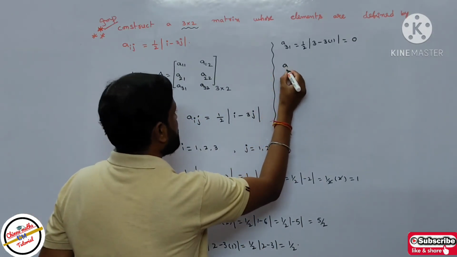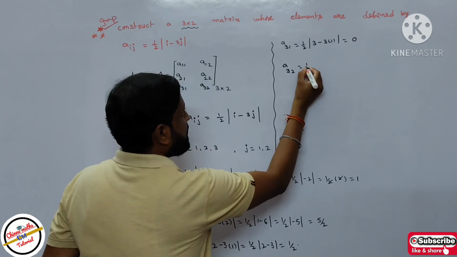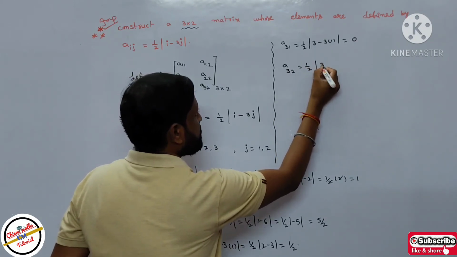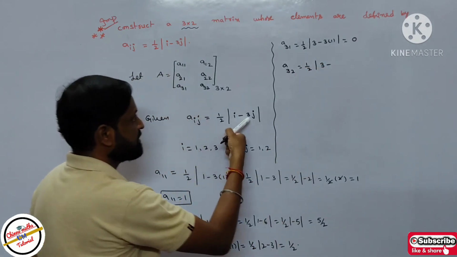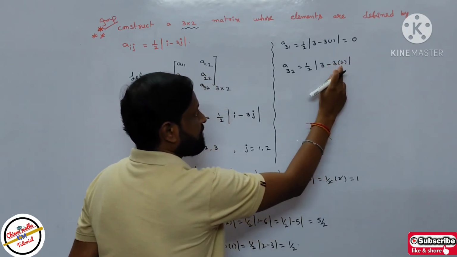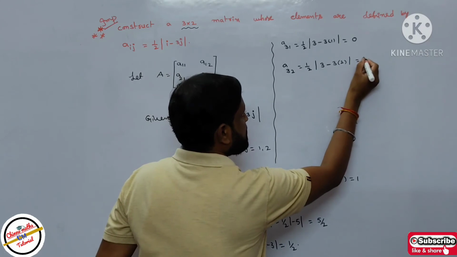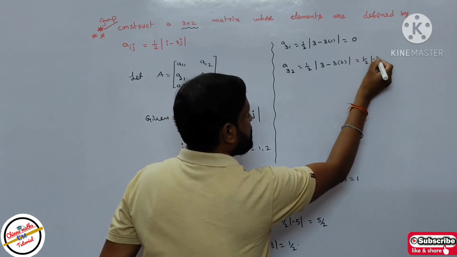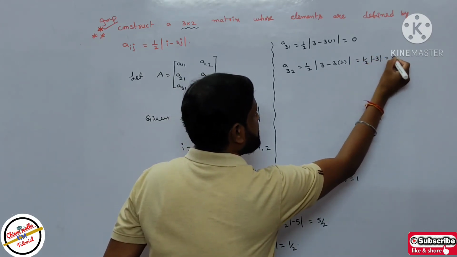Next a32: 1 by 2 into mod of 3 minus 3 into 2, which is 3 minus 6, mod of minus 3. Mod of minus 3 means finally we can write 3 by 2.